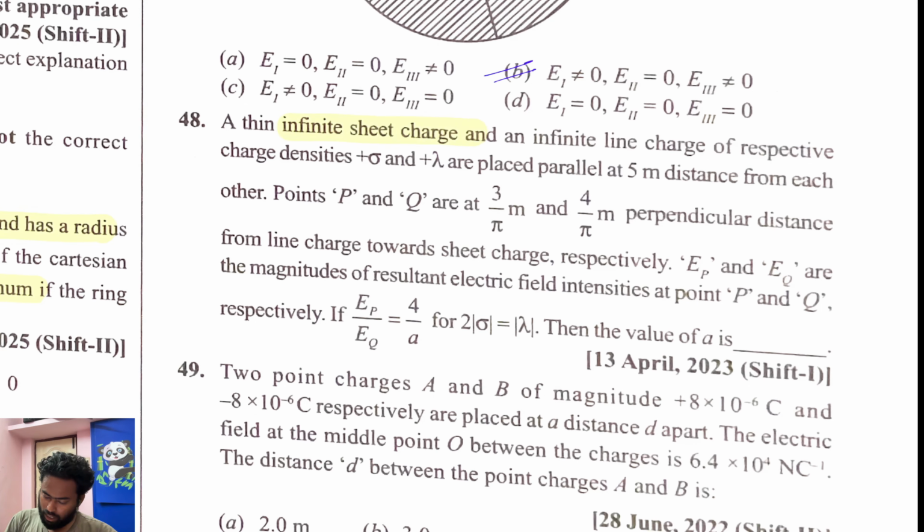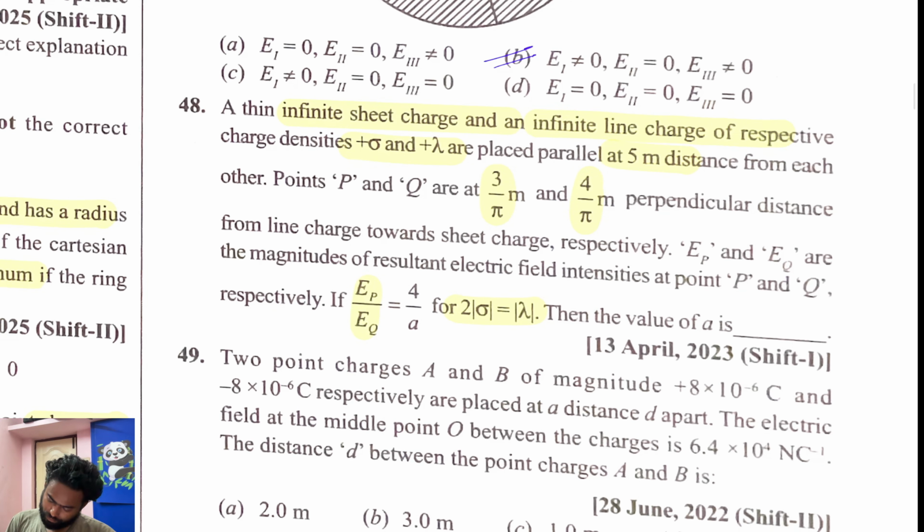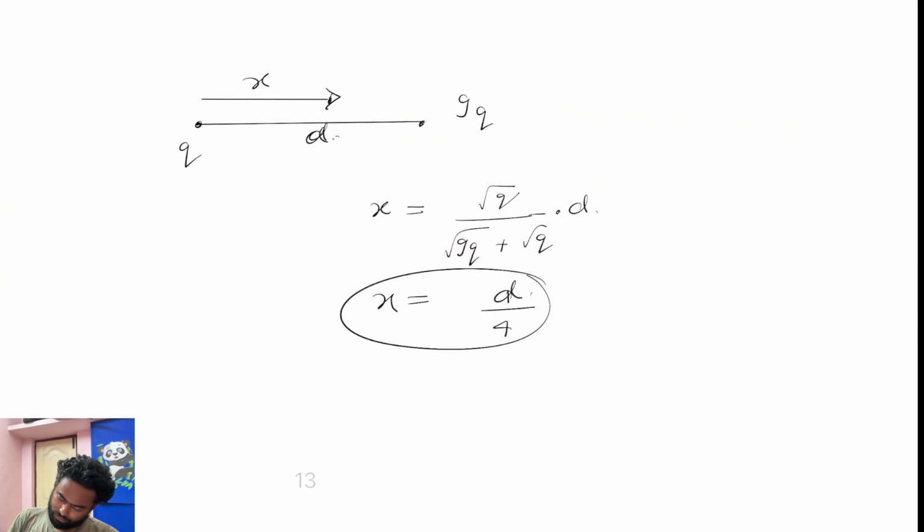A thin infinite sheet charge and an infinite line charge of respective densities sigma and lambda are placed parallel at 5 meter. P and Q are at 3 by pi meter and 4 by pi meter perpendicular distance from the line charge towards the sheet charge. If the magnitudes EP by EQ equals 4 by A, for 2 sigma equals lambda, then the value of A is? Let me draw the diagram.